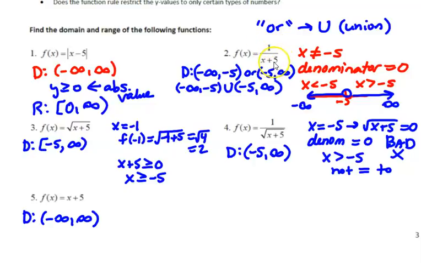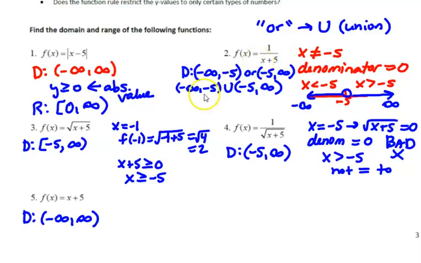That's a negative number. So if x is less than -5, that means this x value is going to be a negative number, but bigger in size than 5. And so overall, it is going to make the denominator negative. If x is greater than -5, like -4, -3, -2, then this denominator is going to be positive.